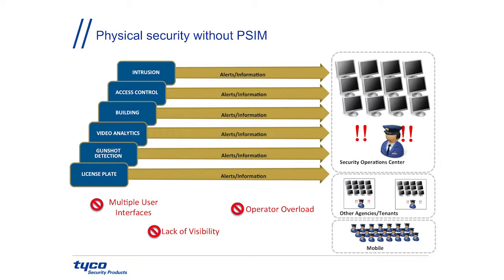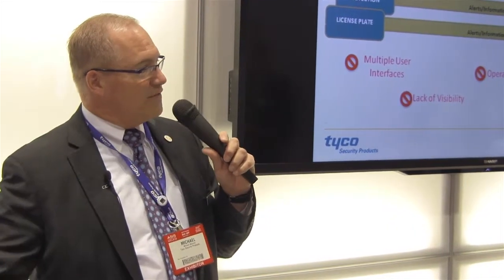They have to make sense of it. The problem is they have multiple user interfaces to learn and to deal with for understanding and controlling this information. They don't really have clear visibility into what's happening with these events as this information comes, and ultimately you can get operator overload as you have a major security event and there's information coming from all different sources and operators really can't make sense of it.